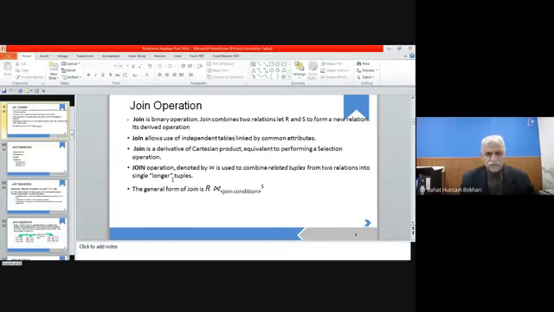The general form of join is R join with S, and there should be some join condition. For example, if the join condition is that the two common attributes should be equal, then we give it here. We have to specify the join condition.